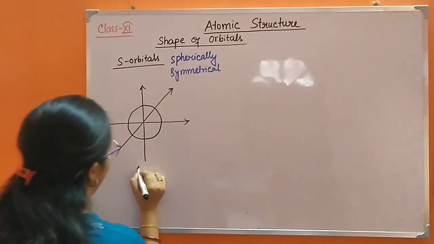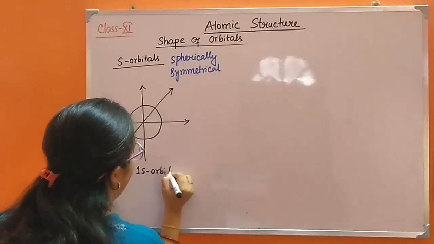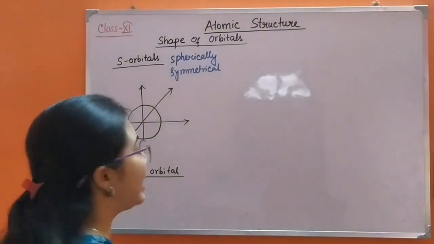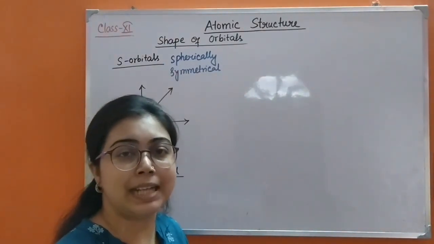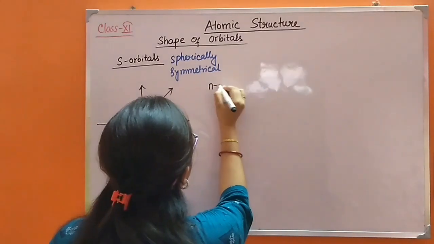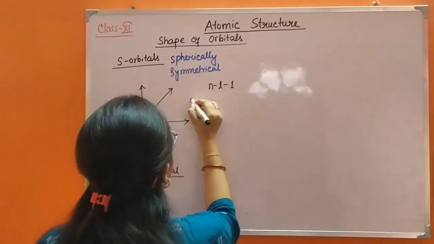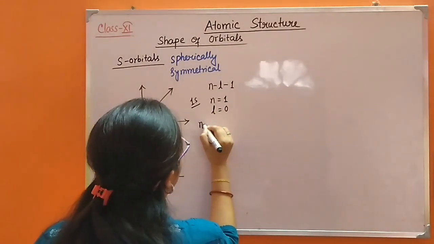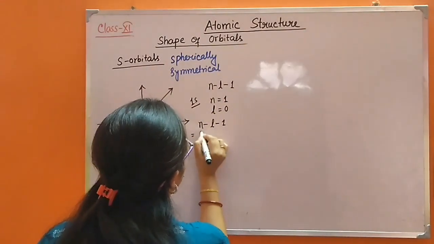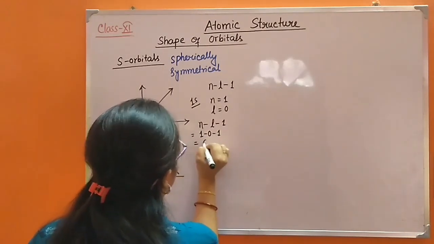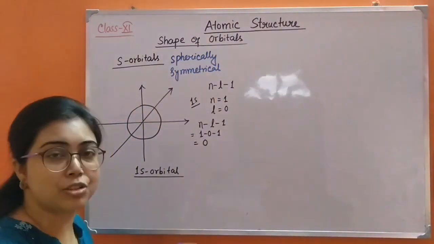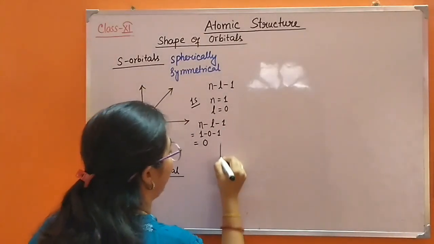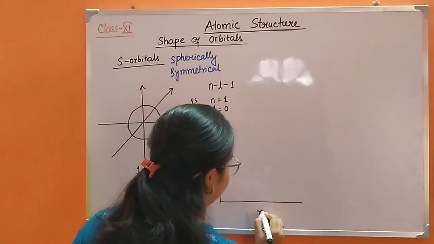This is the shape of 1s orbital, and 1s orbital does not contain any node. We can calculate the number of nodes present in an orbital by n minus l minus 1. For 1s orbital, n equals 1 and l equals 0. So, n minus l minus 1 equals 0. So, 1s orbital does not contain any node.